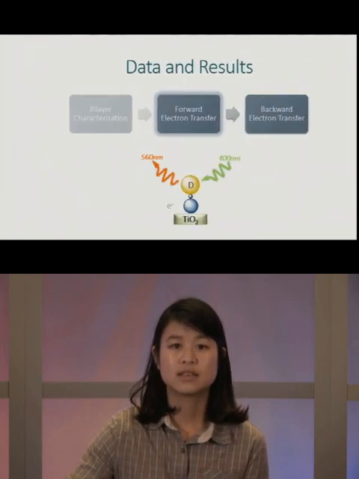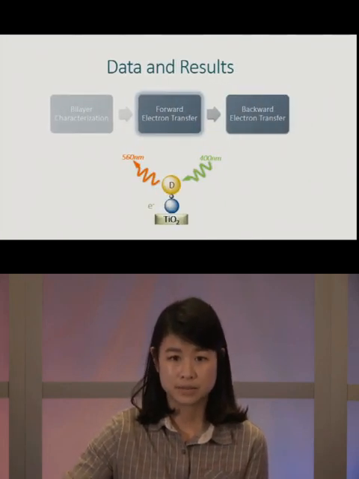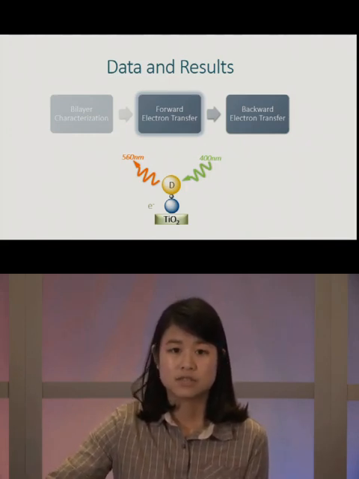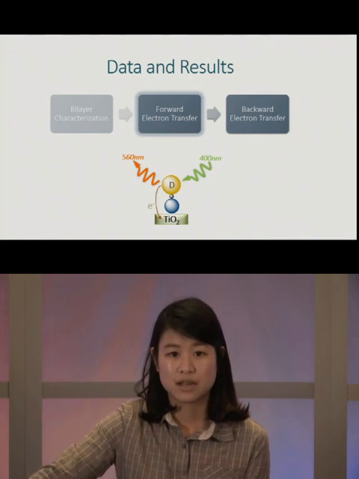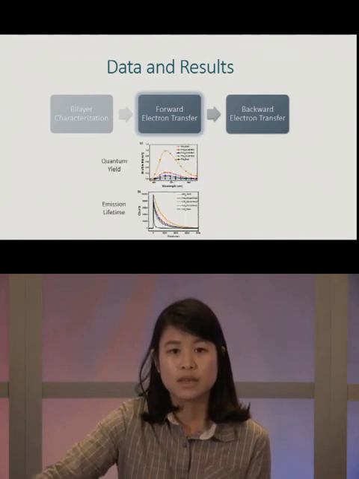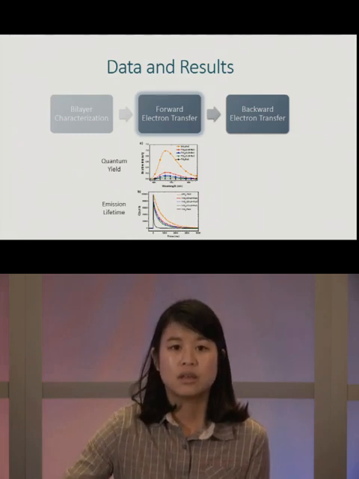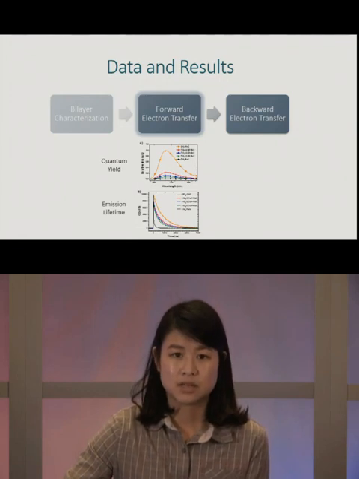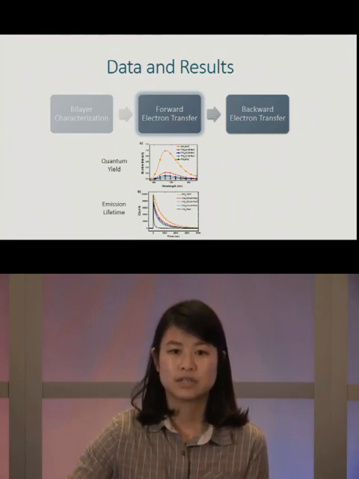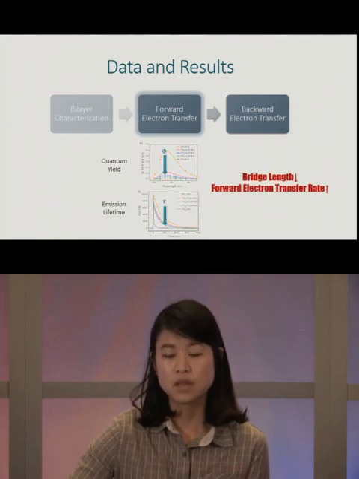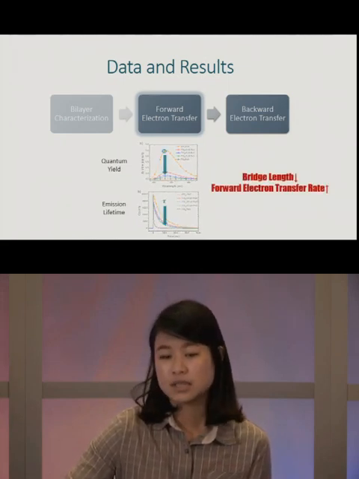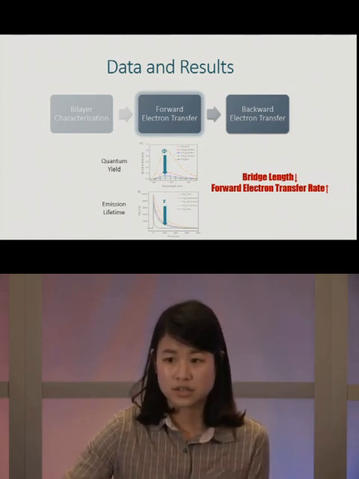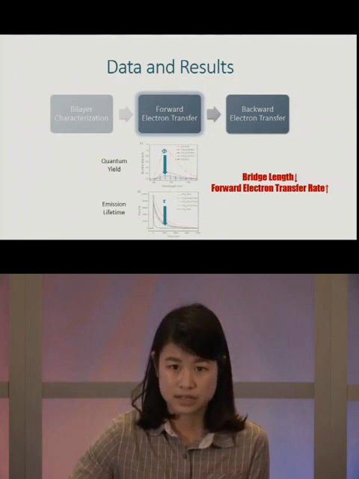Moving on, the forward electron transfer rate we observed, which is the electron injection from the excited state chromophore to the metal oxide, we measured through quantum yield measurement and emission lifetime measurement. Coupling them, we observe a very systematic trend: as the bridge length gets shorter, we see the forward electron transfer rate significantly increased.